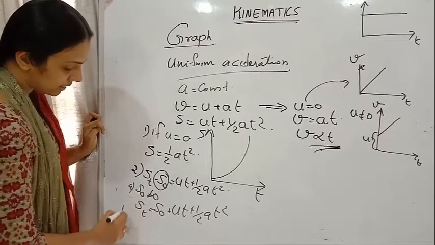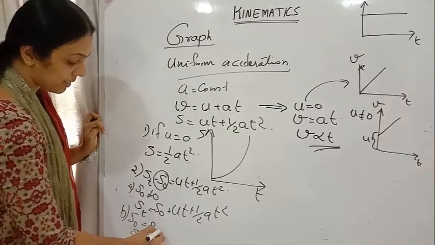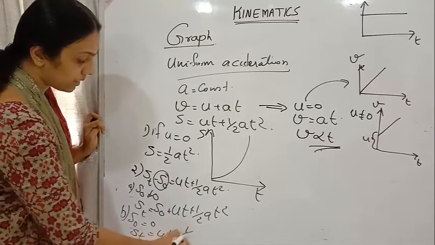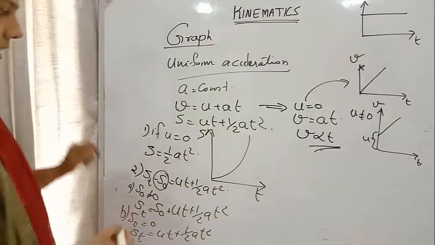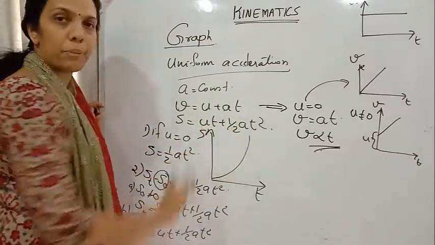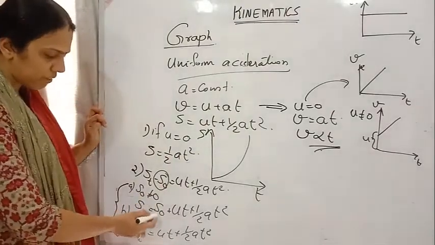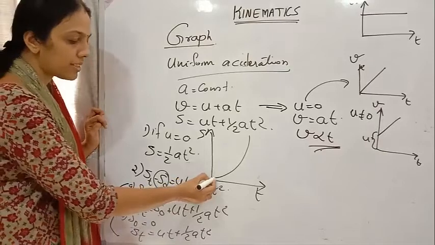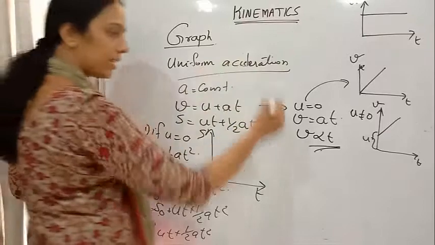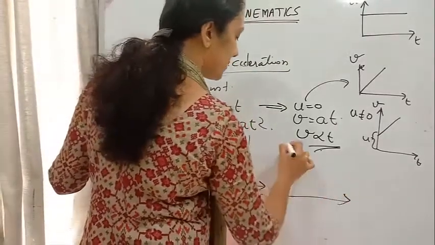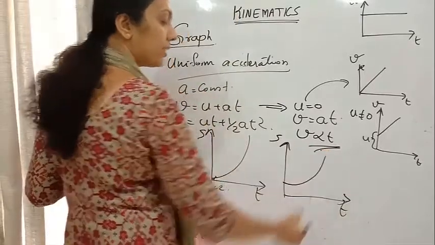And the next case is if s0 is equal to 0, then we get st equals ut plus half at square. Now, how will we represent these graphs? I told you it will be a parabola like this. In these two cases, if s0 equals 0, we can start from the origin itself. This is 0. But if the initial position is not at the origin, then it will be like this.